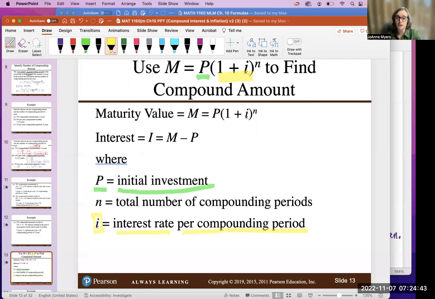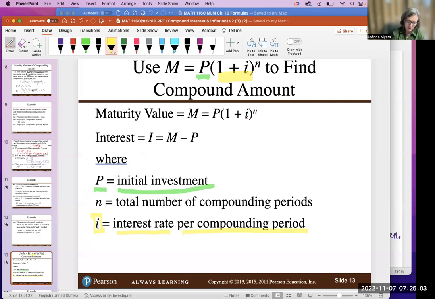So read the question. Is this an annual interest rate? And they're adding the interest annually, then your I is the I they gave you in the word problem. If your interest is compounded quarterly, then take your annual interest rate I and divide it by 4.